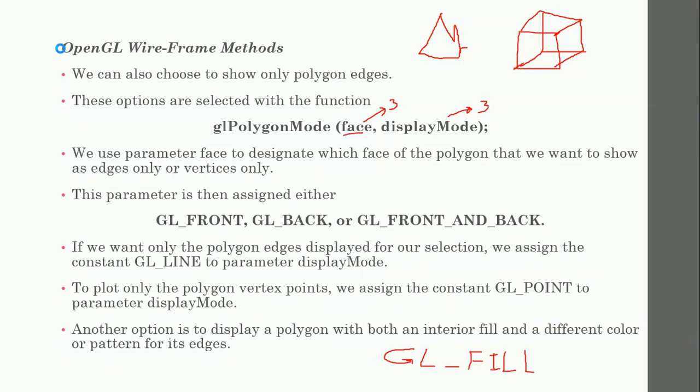Okay, so face, it can be the front face, with the help of GL underscore front, or it can be the back face, GL underscore back, or if you want to display both, then you can go for GL underscore front and back. And for display mode, suppose you want to display only points, then you can go for GL underscore point, and if you want to display only the edges, then you can go for GL underscore line, and if you want to display the interior of the polygon, then you can go for GL underscore fill.